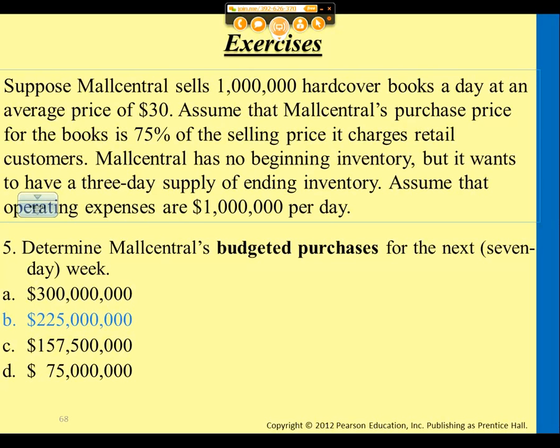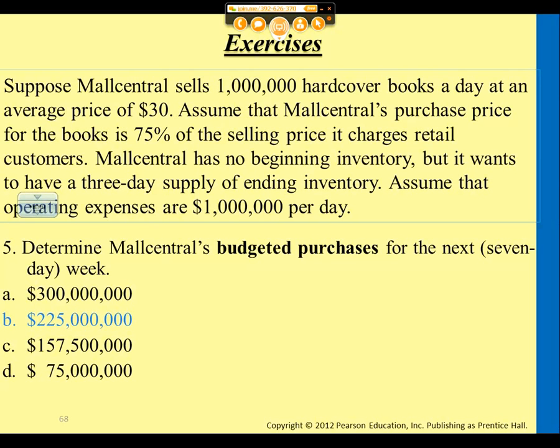Okay, so we calculate multiplied by 75, we get 500,000.